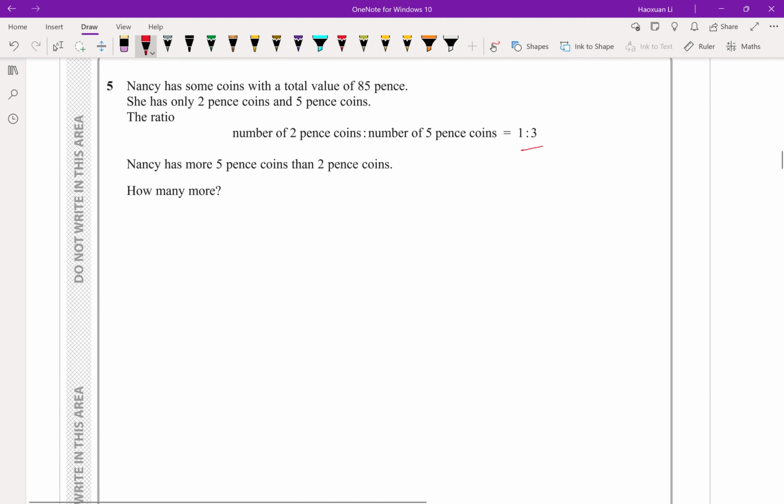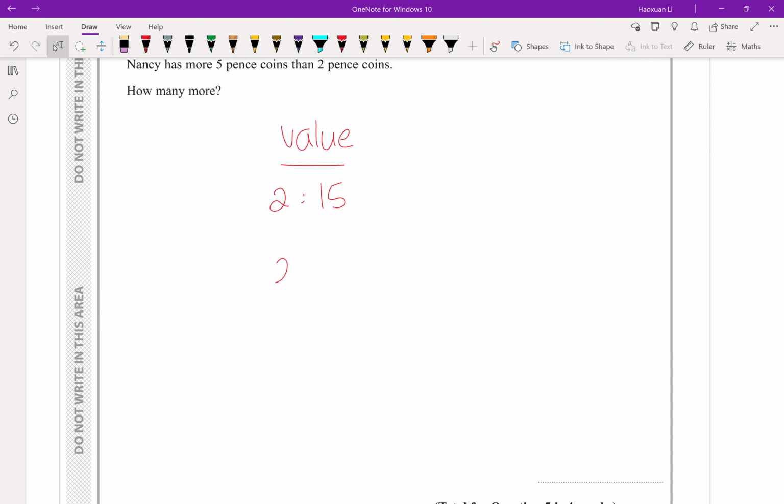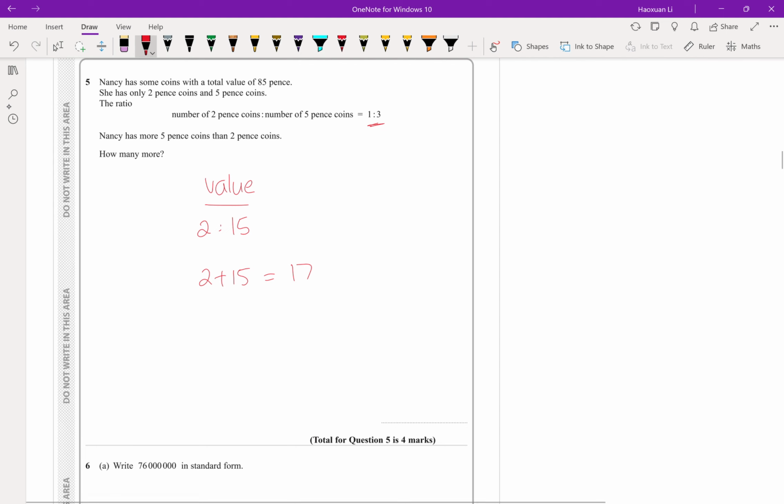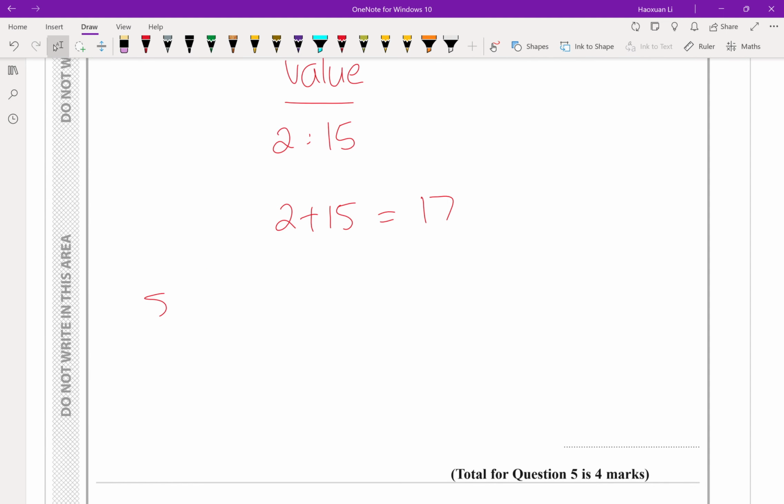So this goes by the number, but let's see by value how the ratio will go. So 2 times 1 will be 2, and 5 times 3 will be 15. So the total value of these coins will be 2 plus 15 equal to 17. So because the total value is 85 pence, 85 divided by 17 will give you 5.